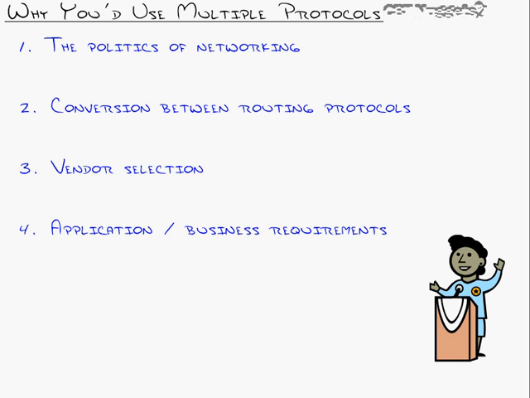Proprietary protocols, proprietary features, proprietary equipment. We won't use proprietary stuff as long as an industry standard that is acceptable exists. So because of that, a lot of organizations or divisions of those organizations won't use EIGRP because it is a political protocol. It's proprietary, I should say.